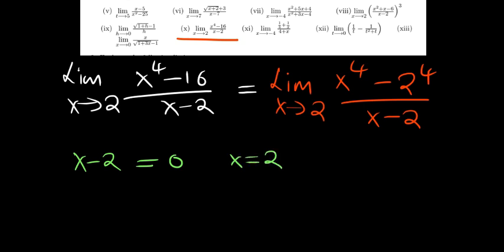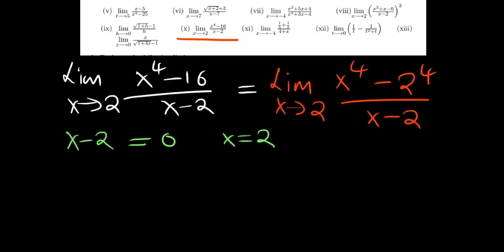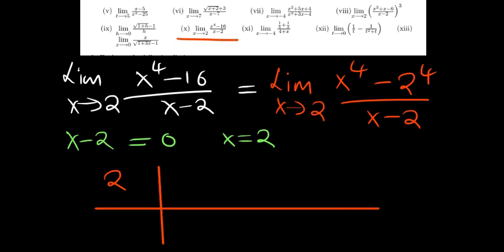So for synthetic division, what you do is you write down your 2 somewhere this side, draw a line, and write the coefficients of whatever you have. Here we have x to the power 4, so the coefficient of x to the power 4 is a 1.